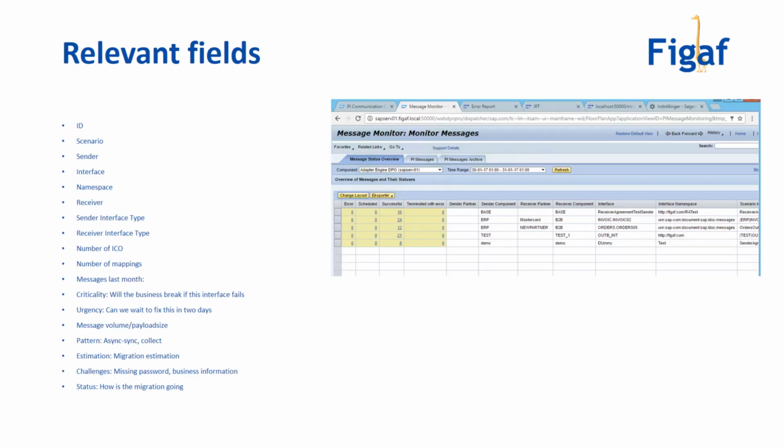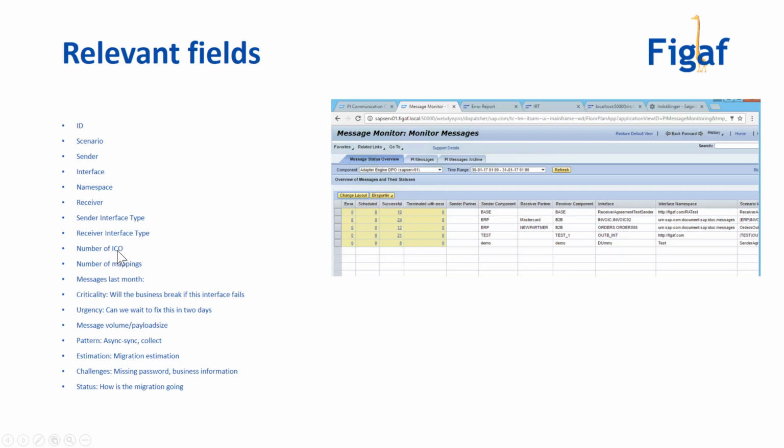Some of the fields that are relevant to collect are, obviously, the scenario ID. You want to have an ID for this specific interface. We have the scenario, sender party, sender interface, receiver party, receiver interface. Interface type: is this RFC, IDoc?